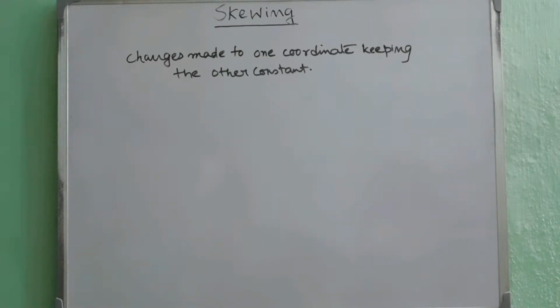Hello everyone. In this video I will be discussing with you the fourth and the second last two-dimensional transformation technique, that is skewing. Skewing refers to that transformation technique where changes are made to one coordinate keeping the other one constant.